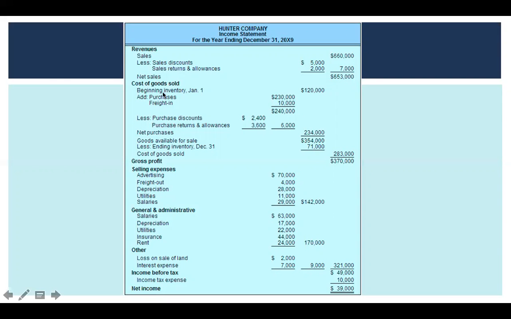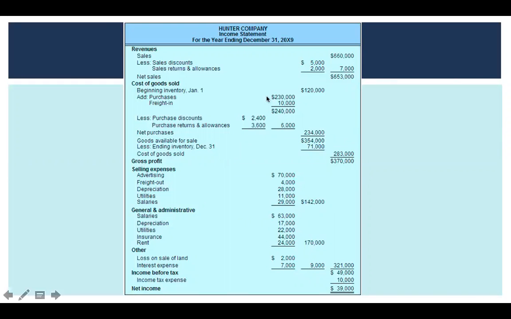Now, when you get down to cost of goods sold here, we're taking in beginning inventory. So this business has been up and running for some time. So their beginning inventory, for example, is based upon what was in inventory on December 31st. This is an ongoing business, so we're starting with $120,000 in inventory when we start.